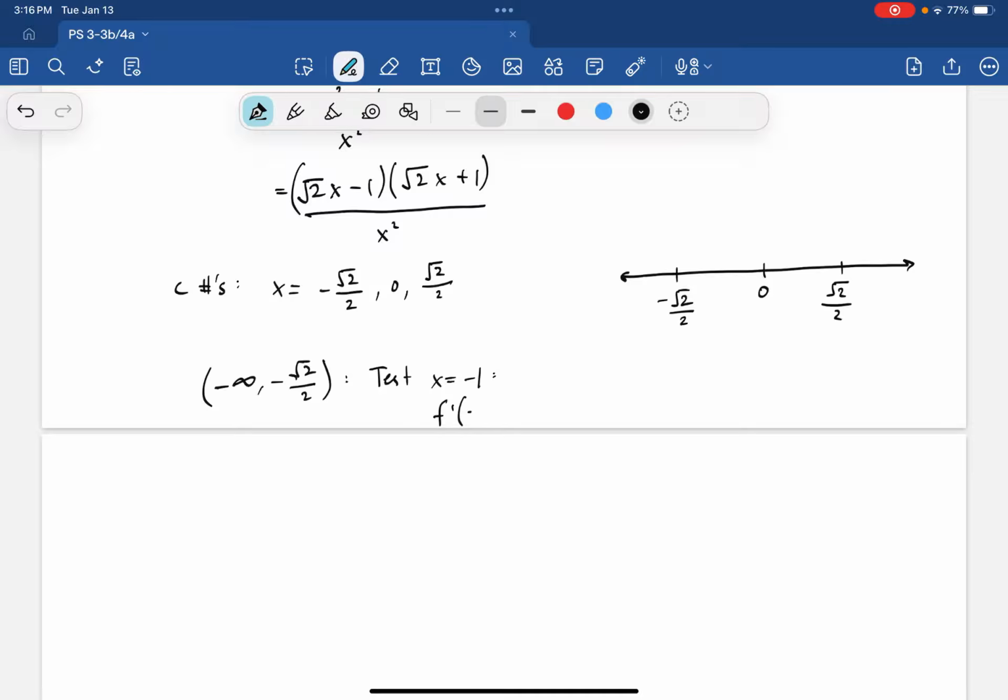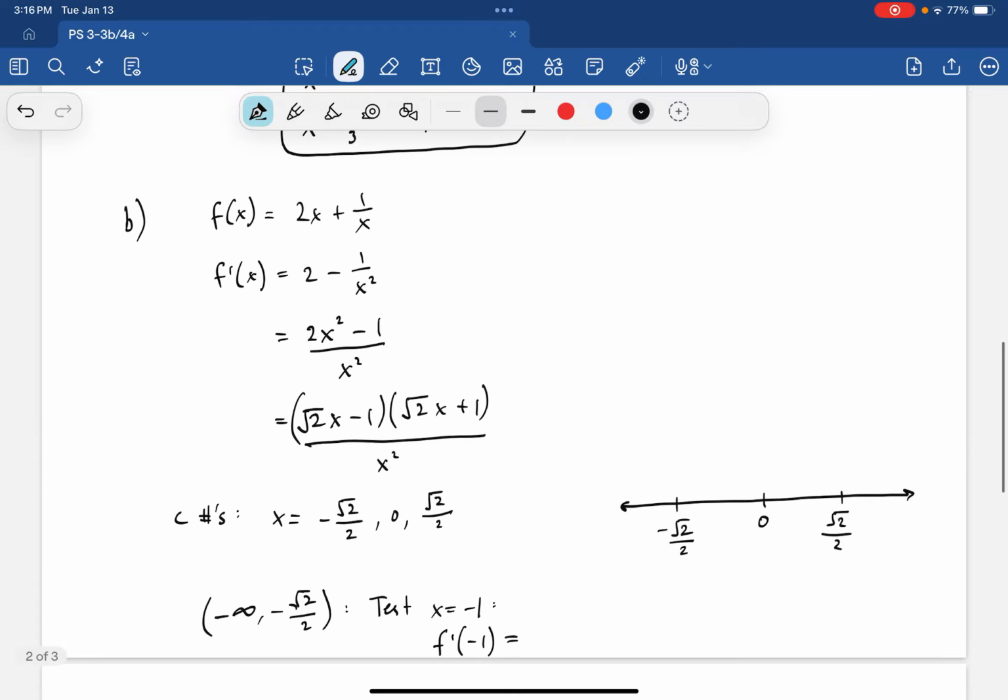F prime of negative 1. Where's the easiest way to plug this in? The easiest place to plug that in is probably all the way at the start, right? So f prime of negative 1 is going to yield 1. So that tells us that f is increasing. This is plus.